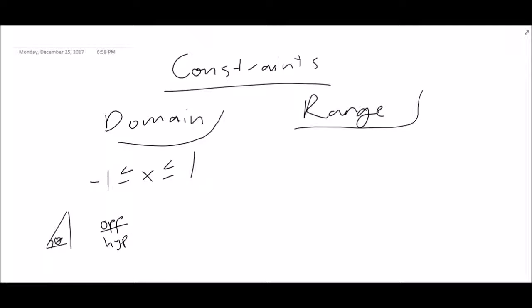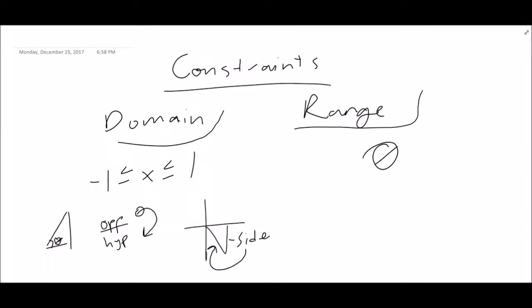So if we have a smaller side over a larger side, we're always going to get something that's less than 1. The same holds true if we have a negative side over a positive hypotenuse, the absolute value of that is going to be less than 1 as well.